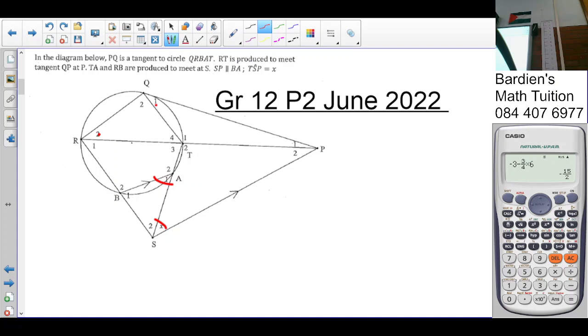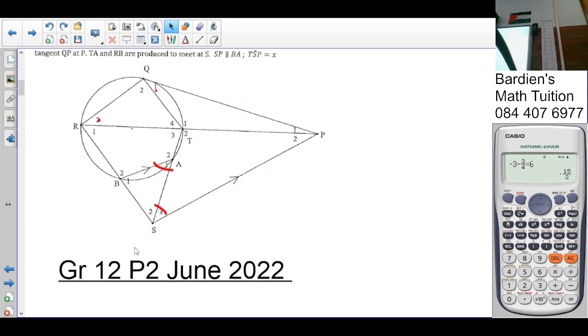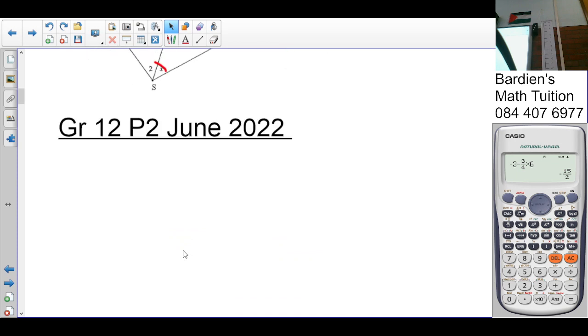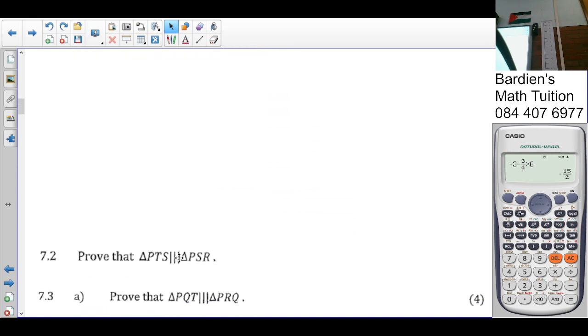Whatever's written there is on the diagram. So let's pull this up here.